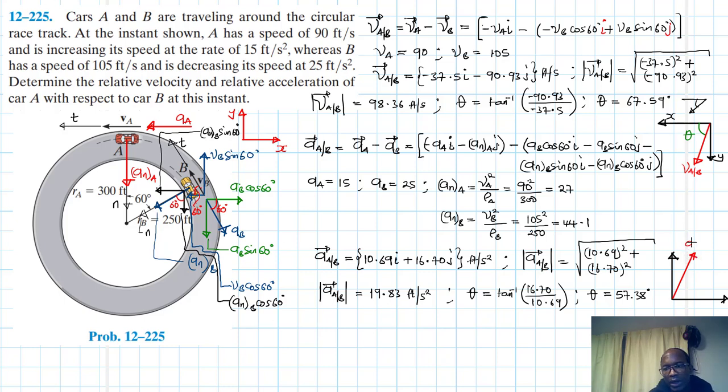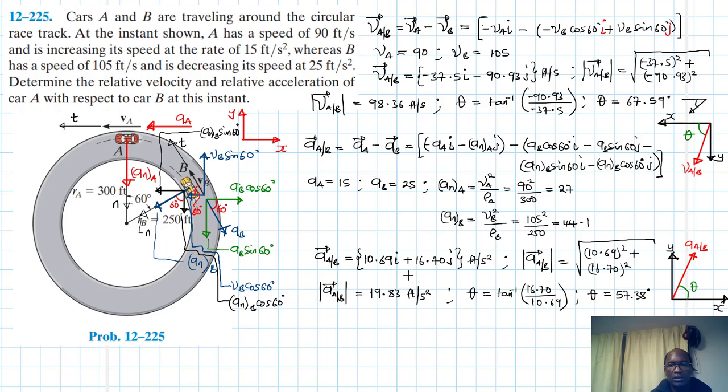So this is our A with respect to B, and then we do have the angle like so. This is the x and this is the y. I guess we are done.